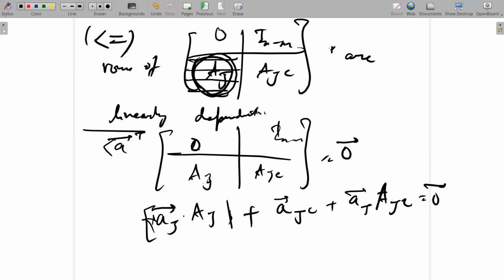But there is one caveat here. What could happen is the corresponding coefficients could be zero.